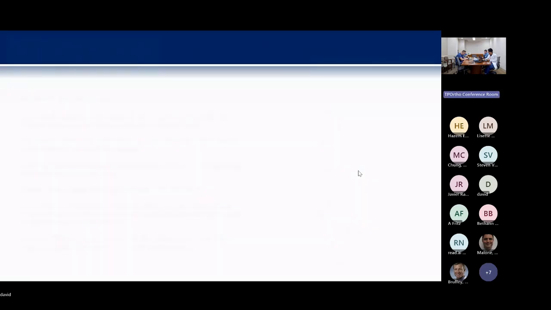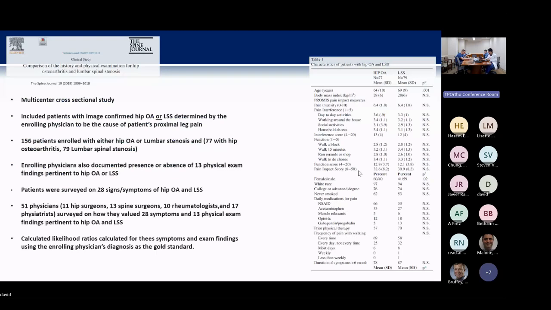And then this multi-center study looked at 156 patients with either hip arthritis or lumbar stenosis, and then asked 51 treating clinicians to classify the presenting exam symptoms and which pathology they attributed those to. So kind of comparing an expert consensus survey to the pathology.